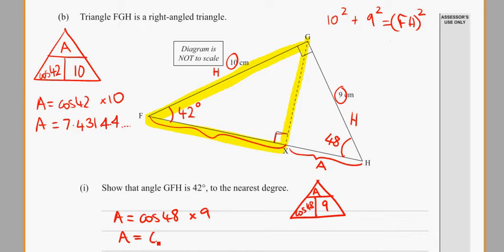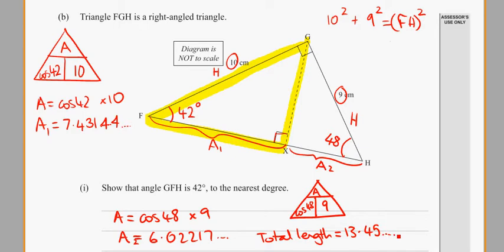And we get 6.02217. So adding the two A's, if you like, we can call them A1 and A2, adding the two together, we get a total length of 13.45. A few more decimal places there.